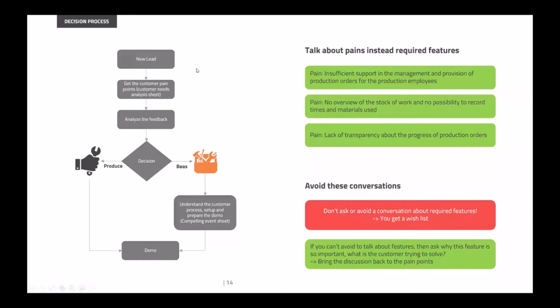So let's say we have a new lead, and the lead is telling us we have this pain point. The pain point is insufficient support in the management and provision of production orders for the production employees, or no overview of stock of work and no possibility to record time and materials used, or lack of transparency about the progress of production orders.